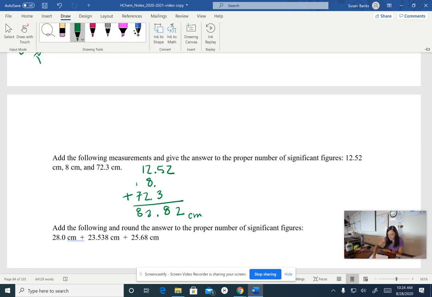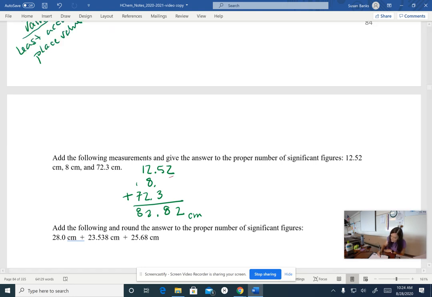Not so much here. So let's look at this. Remember, the last digit is always an estimate. So this is an estimate, this is an estimate, and this is an estimate. So our ones place here is our least accurate input number.